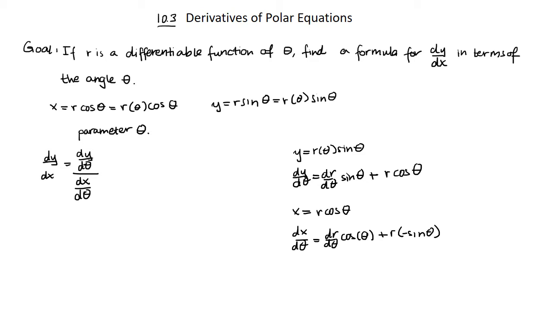So in the end, we have this formula: dr/d theta times sine theta plus r cosine theta, over dr/d theta times cosine theta minus r sine theta, is our derivative dy/dx. All right, let's try out an example.